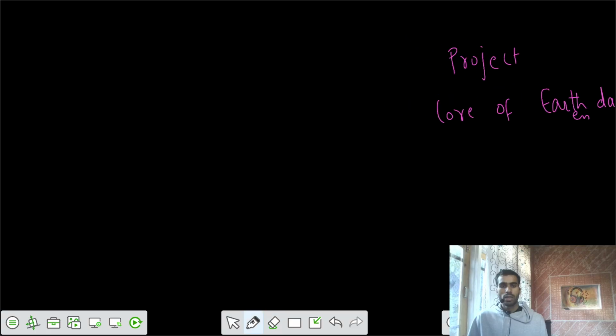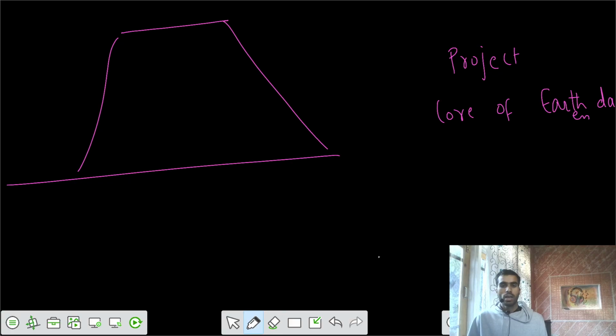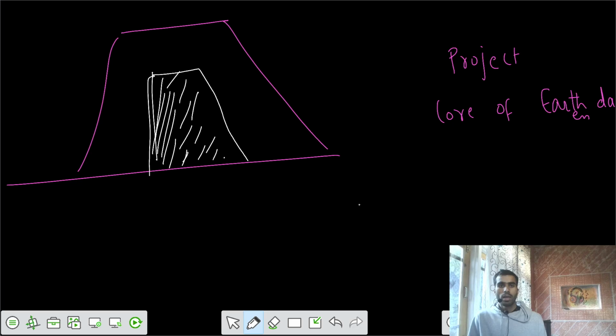If there is a dam, let's say this is your dam, we can call it an embankment or dam. The core of that should be compacted by some method, because this is an earthen dam, so I have to ensure that there is no seepage of water through the earthen dam.